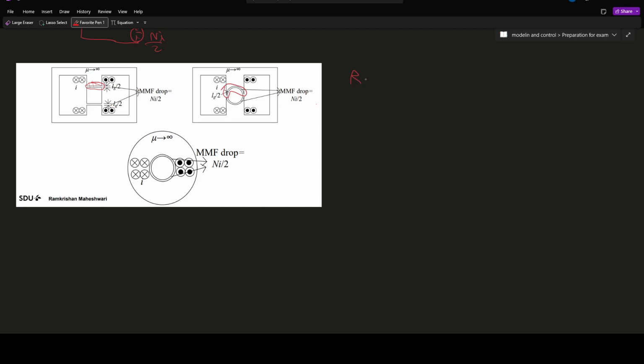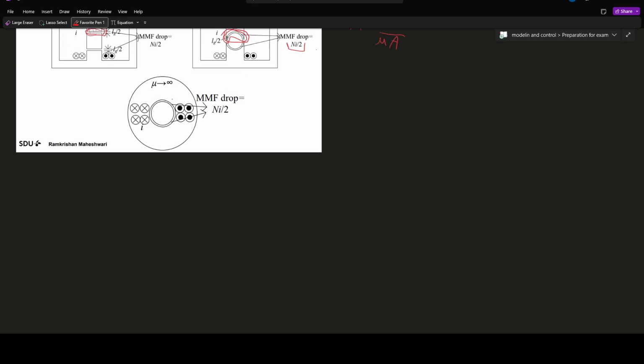So if you remember, reluctance is just the path length over the permeability times the cross-sectional area. So as long as we maintain this cross-sectional area the same as this one, both reluctances are going to be the same. And since both reluctances are the same, we still have the MMF drop of Ni over 2.